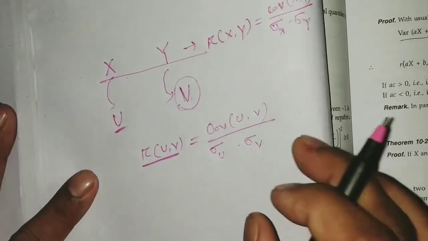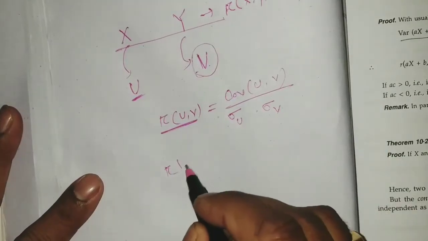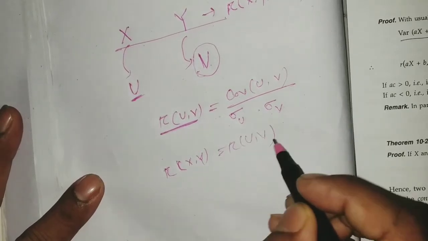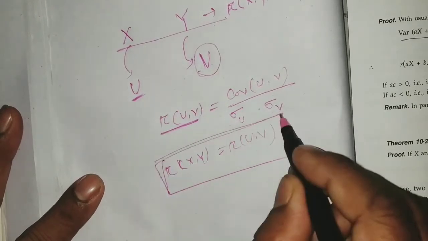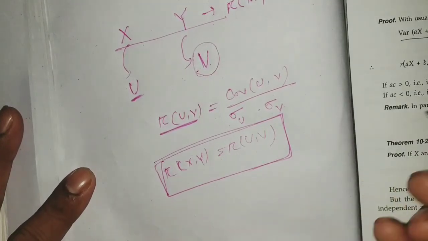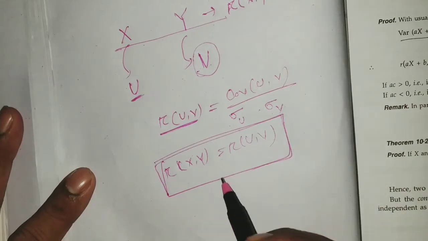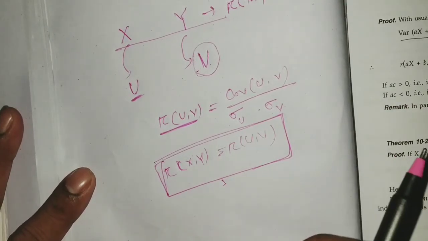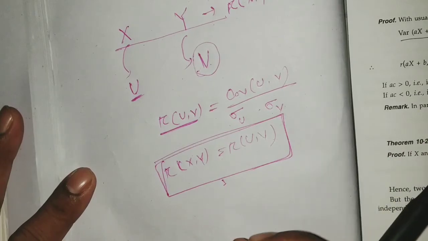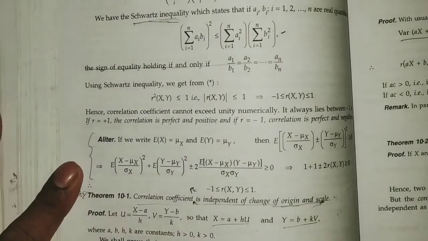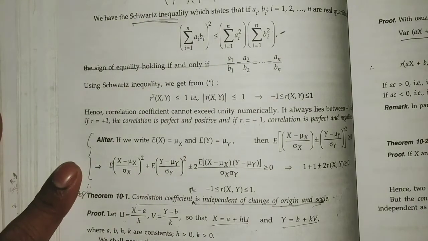So in this theorem we are going to prove that r xy will be equal to r uv, which is the most important theorem which will be used in our problems. Whenever we solve a problem, if we change the scale and origin, then the problem will be solved very easily. Okay, so first we are going to prove this theorem here.